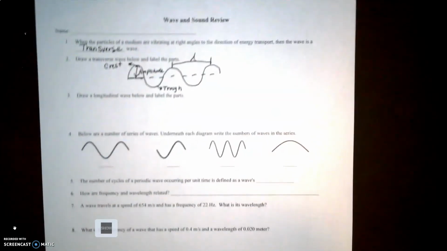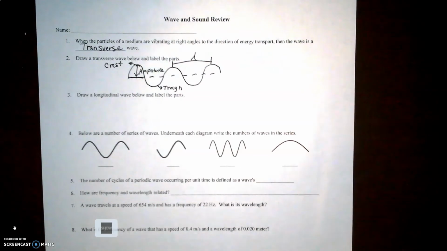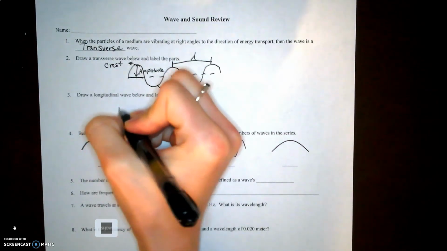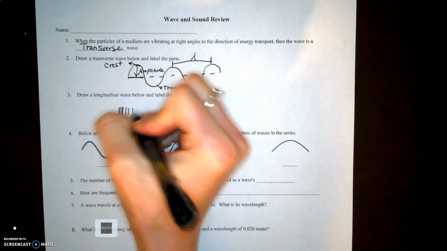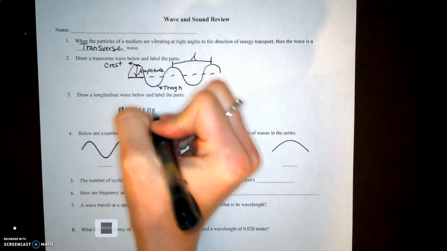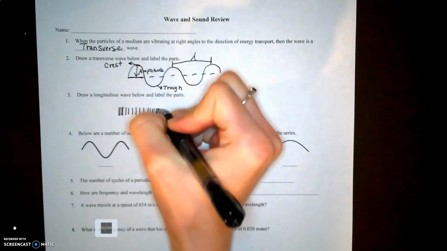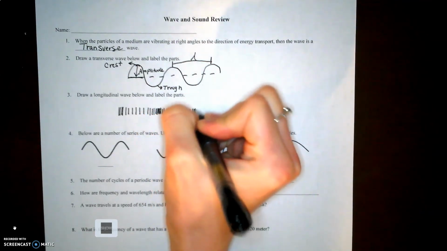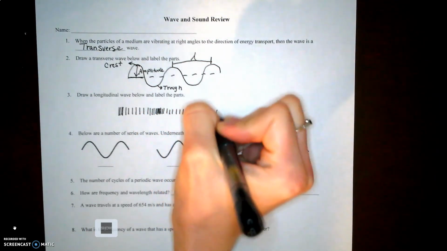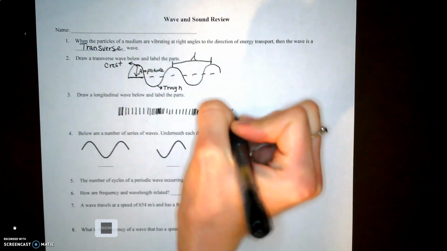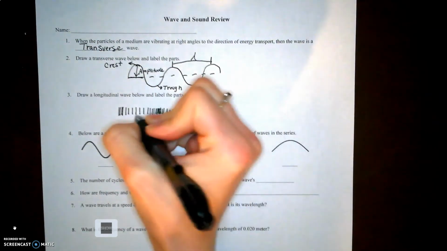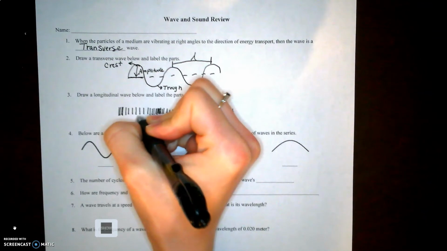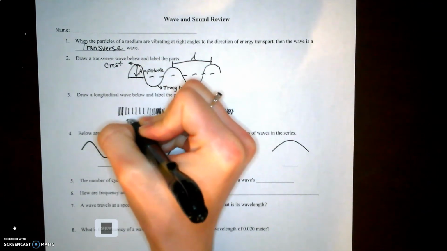Number 3, draw a longitudinal wave and label the parts. So longitudinal waves, they're harder to draw just because the particles are close together, far apart. So whenever the particles are far apart, we call those rarefactions.